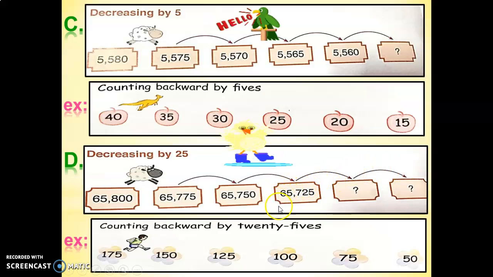If we have 65,725, minus 25 will be 65,700. And the last number, minus 25 again, will be 65,675. Now another example will be 175, 150, 125, 100, and 75, 50.